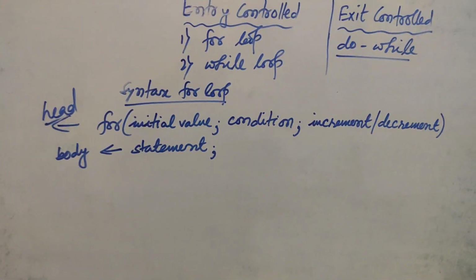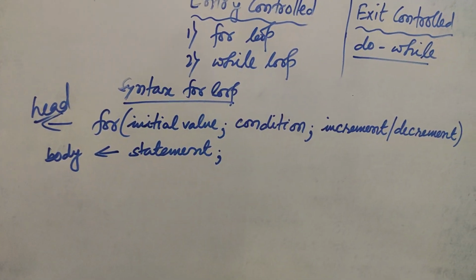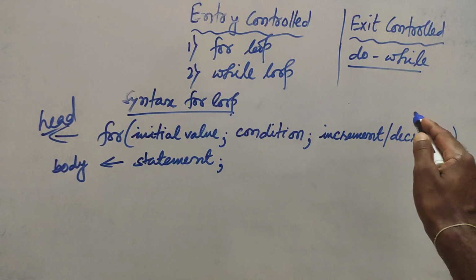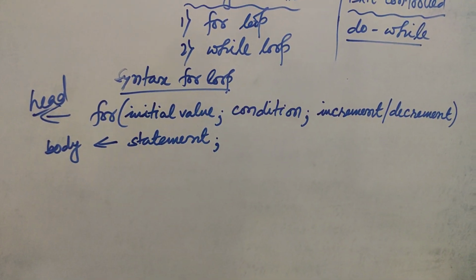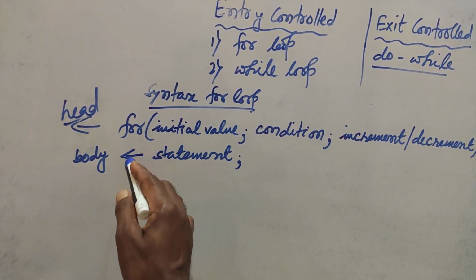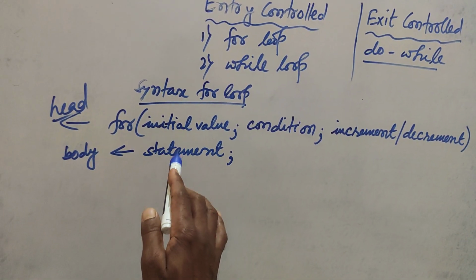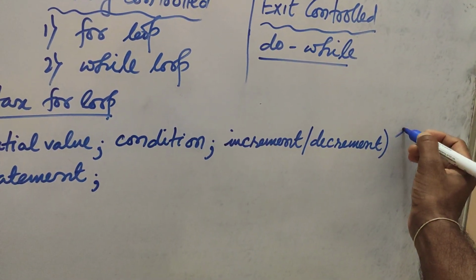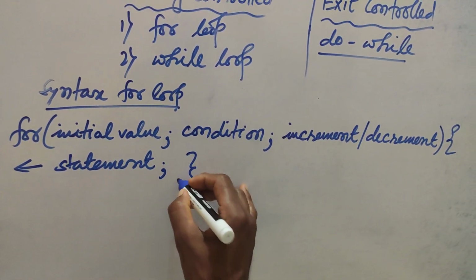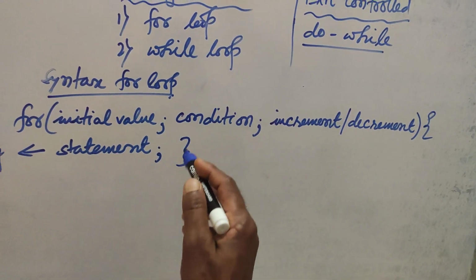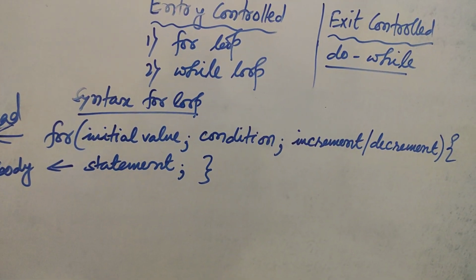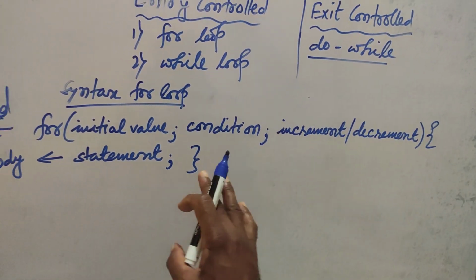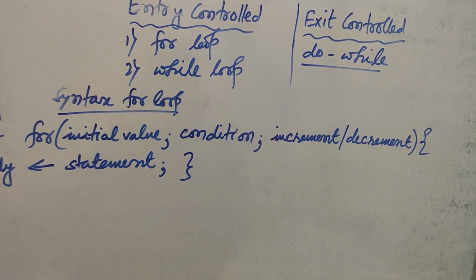So now how does it work? Initial value comes here, then here, then here, like that way it will work. Statements means this is the body of the loop. It will run on the basis of the condition. If we want to give a block, we can give it, but in a loop, if we write one statement and don't give a block, no problem.